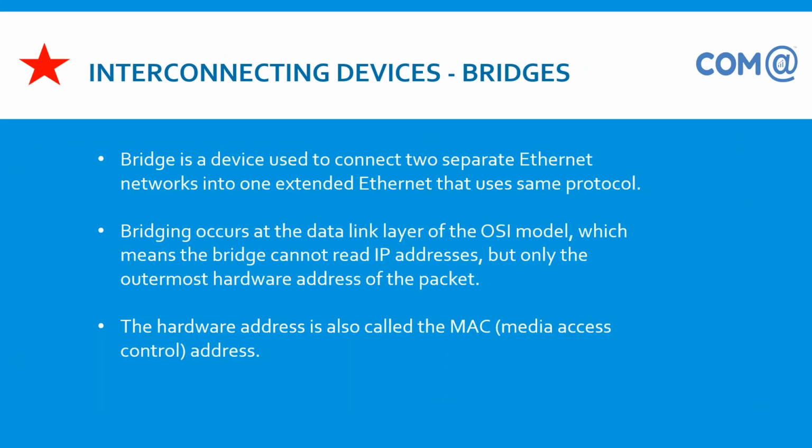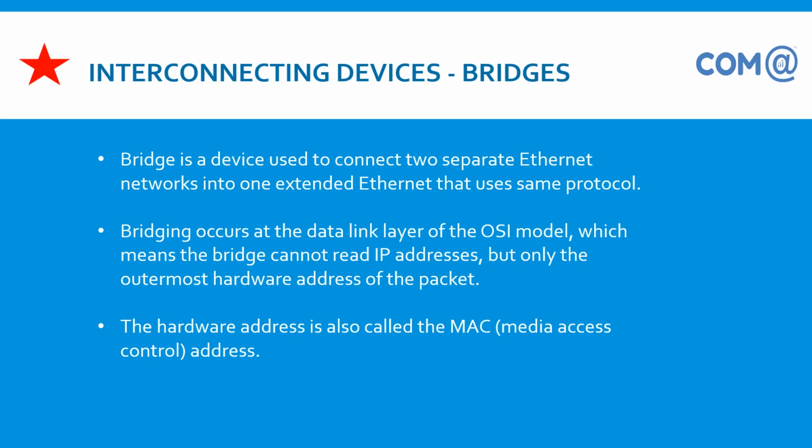The next one is a bridge. A bridge is a device used for connecting two different Ethernet networks, and it works in the data link layer, the second layer. Early devices were in the physical layer. Now this is in the data link layer of your OSI 7 layer model, and here it refers to the MAC address for sending and receiving information.